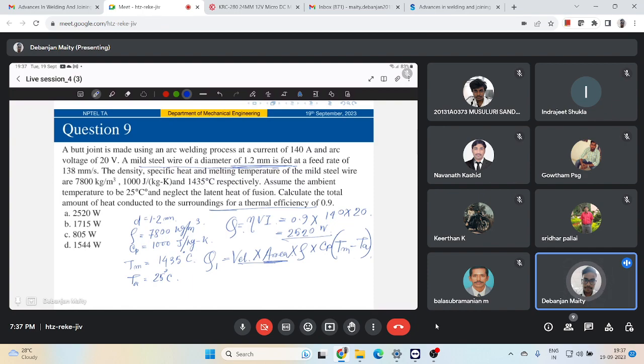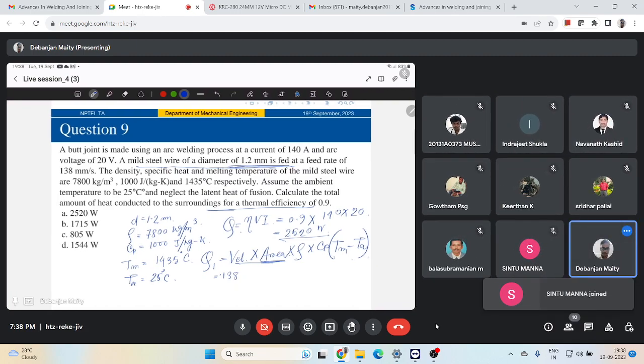So I'm considering a steady state over here. So there is no temperature difference over time. So you have your velocity, which is how much? 138 mm per second, which is let's say 0.138 meter per second. As this is in watt, let's stick to SI unit.